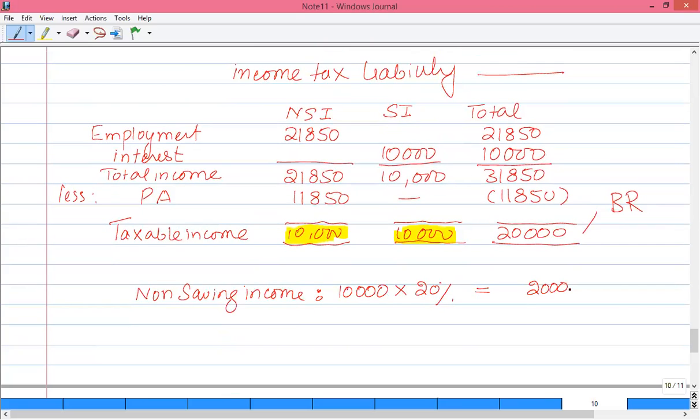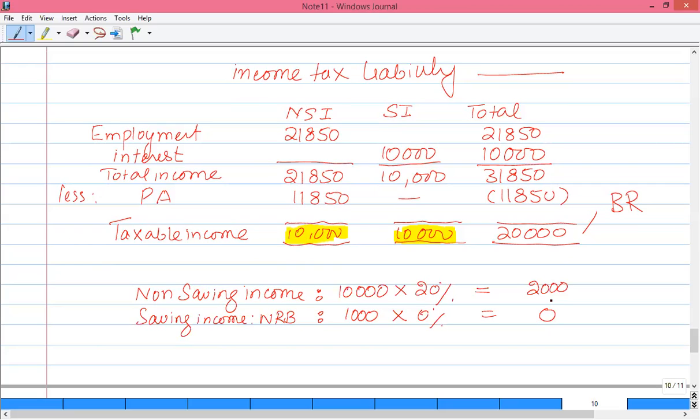Now we have covered this non-saving income, now the saving income. But as you know, the saving income nil rate band is also there. And in case this person is a basic rate taxpayer, nil rate band is available on the first 1,000 and it would attract a tax rate of 0%.